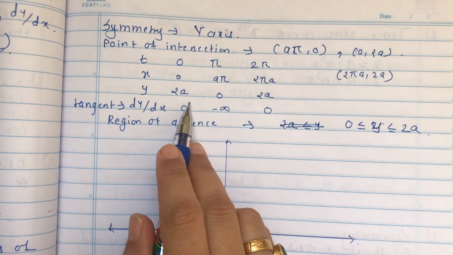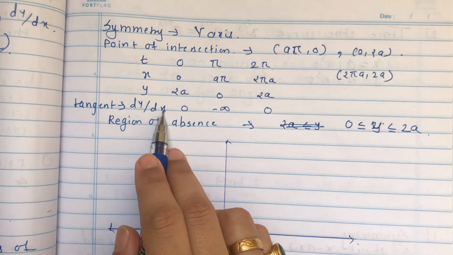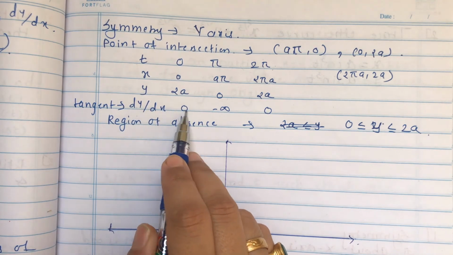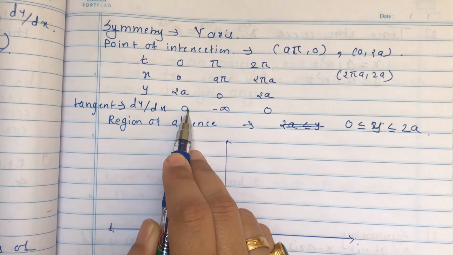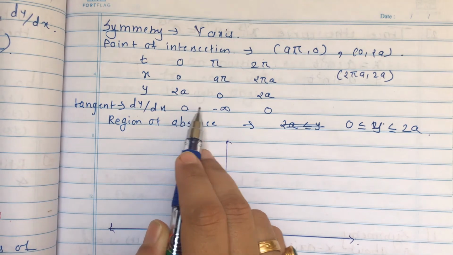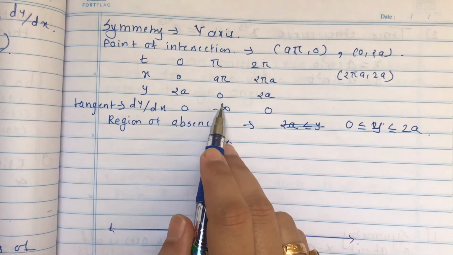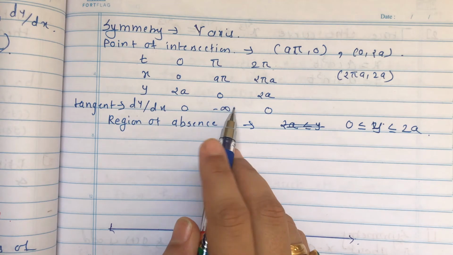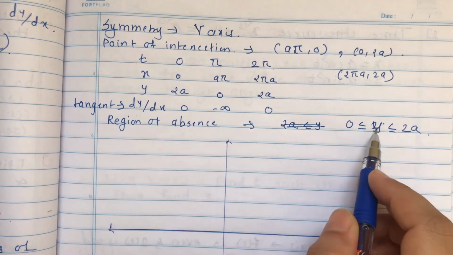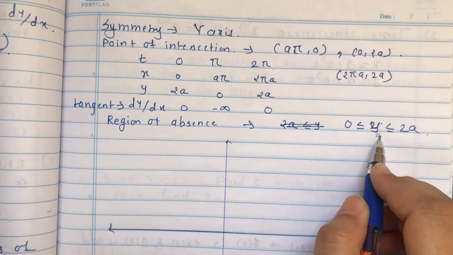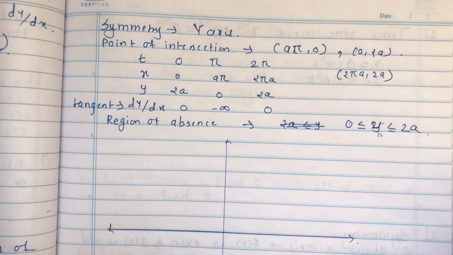As we know, if dy by dx at some point is equal to 0, then the tangent at that point is parallel to the x-axis, and if it is infinity, then the tangent is parallel to the y-axis. Then region of absence: y lies between 0 and 2a, okay?